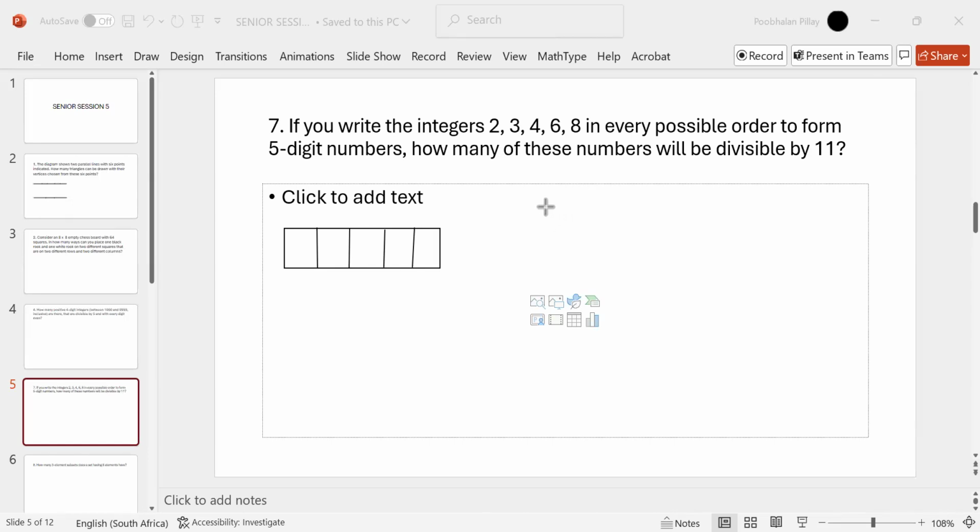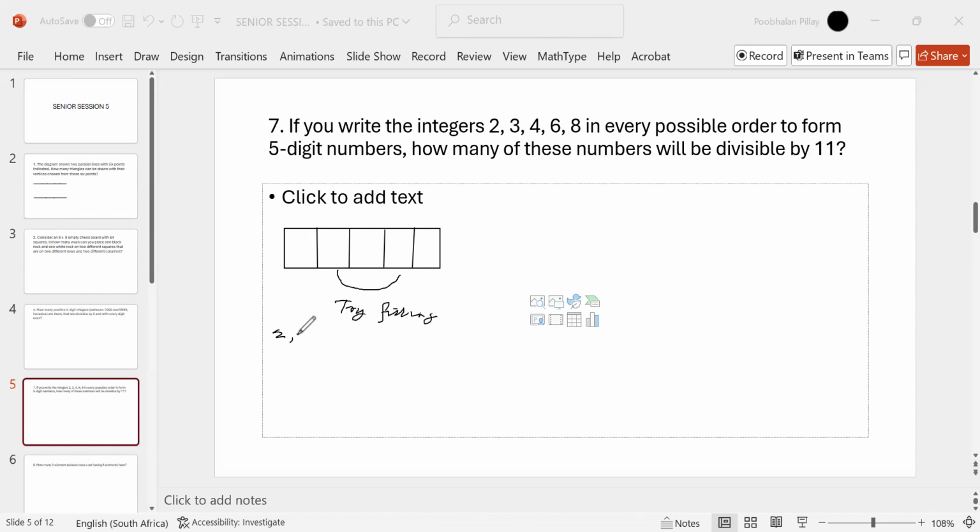So maybe the best way to do it is to try to fill in these two squares here. So what can you put here? I have to choose two numbers here.